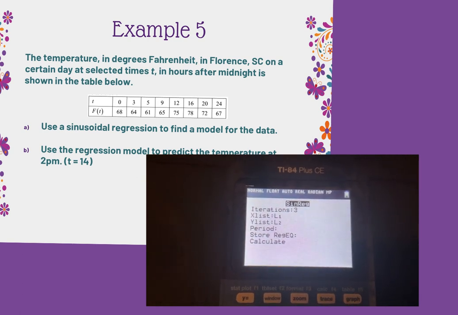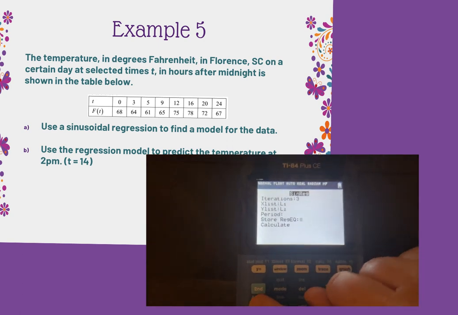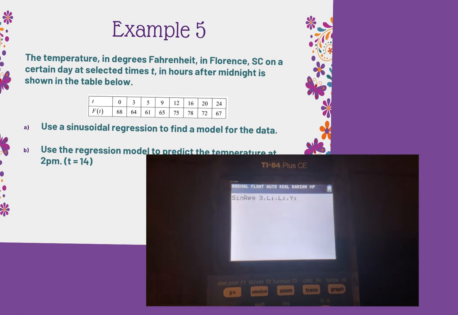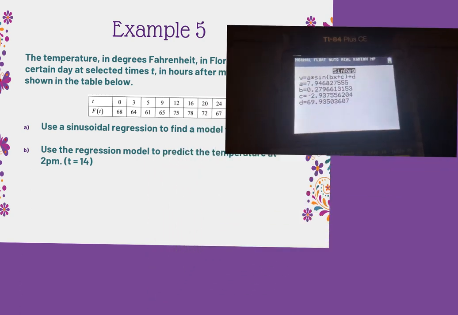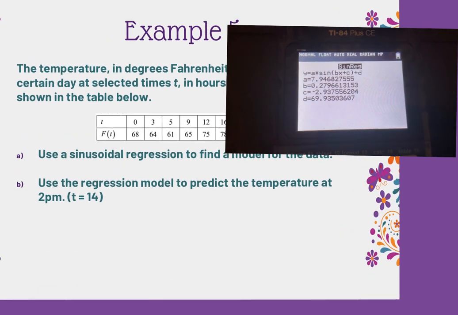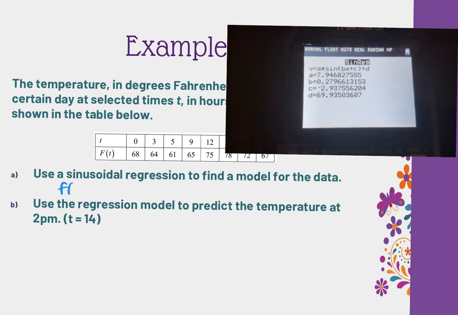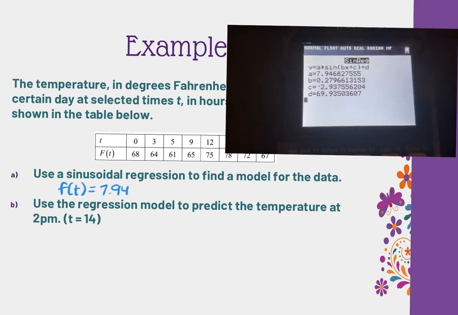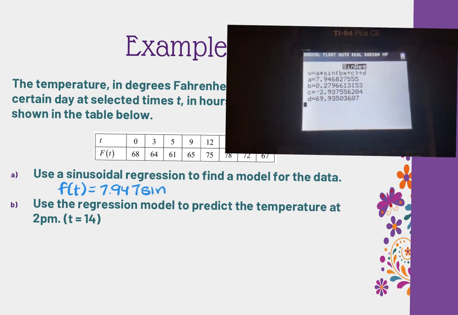I want to store it because part B asks for what happens when T is 14. So I go alpha trace, I get my Y1, and I calculate. And there's your sine regression. So F of T equals, my A is 7.9468, so 7.947, times sine.